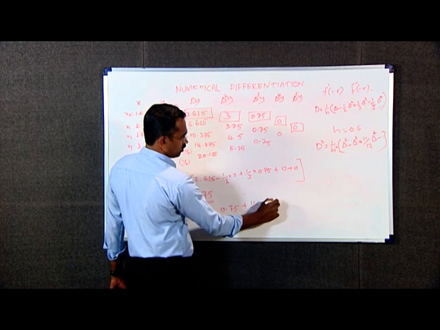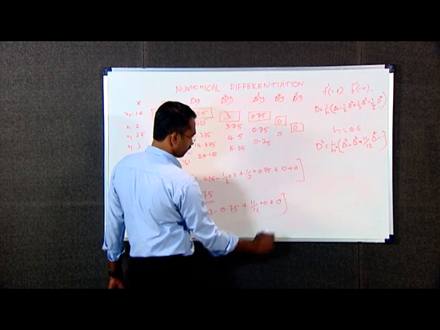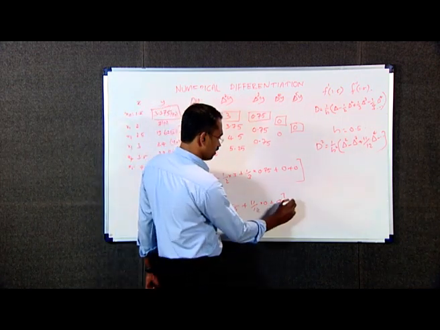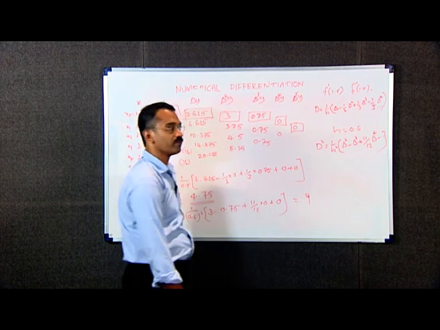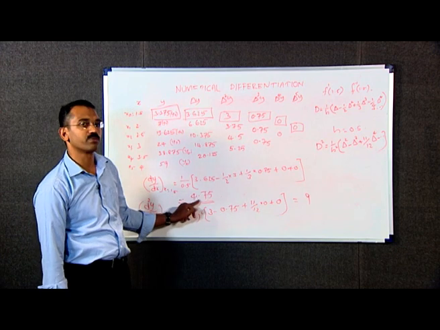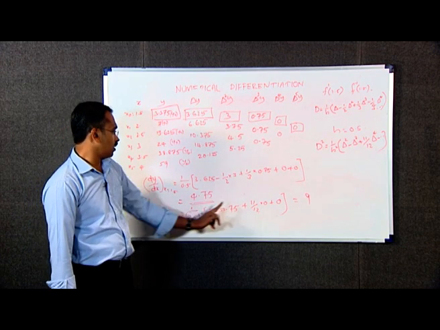The next term also equal to 0, because the fifth difference is 0. On simplification, we will get this is equal to 9. That is, the first derivative at x equal to 1.5 is 4.75 and the second derivative is 9.